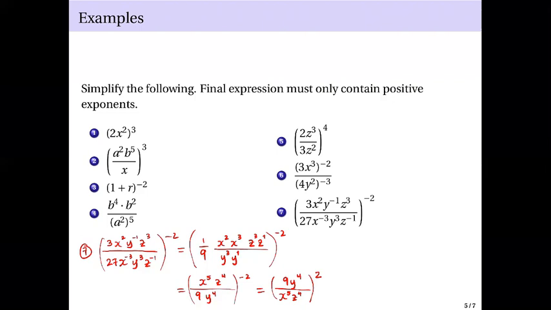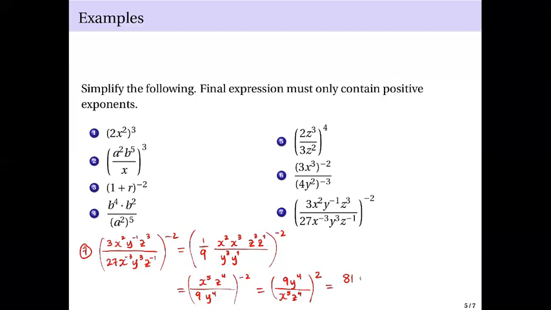And then, we now distribute this 2 to each factor. And then we will evaluate that. For example, you have 9 squared. That's 81. Y to the 4 raised to power 2, so that becomes y raised to 4 times 2.